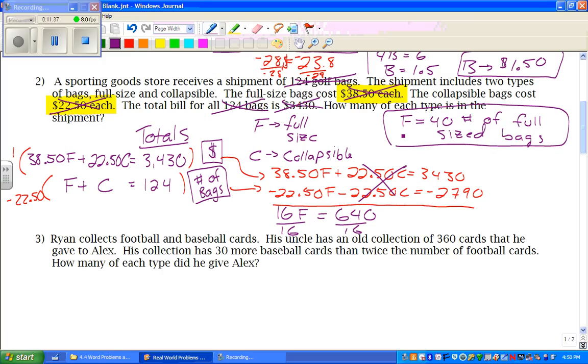Now the second part is I need to find the number of collapsible bags. Well, obviously, for me, it's easier to use this part. And you actually don't even need to show me work here. If you know that you have 40 full-size bags, and you know that there's 124 total bags, you can go straight to that answer. So do 124 minus 40, and I get 84 collapsible bags.